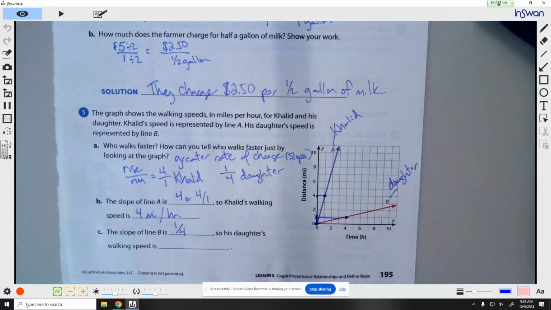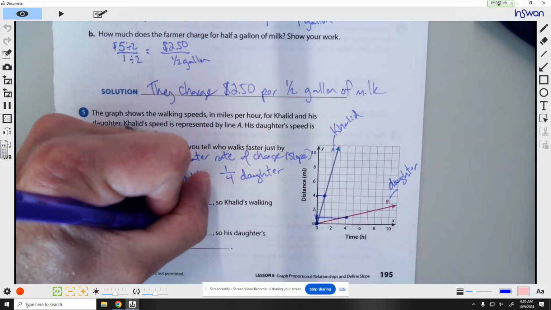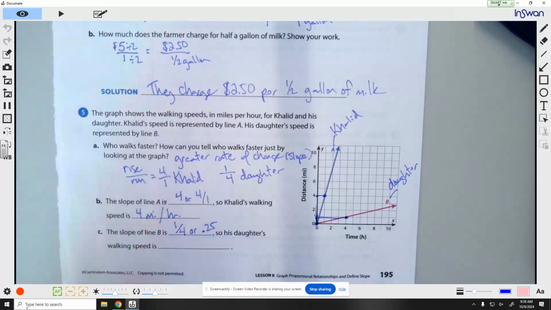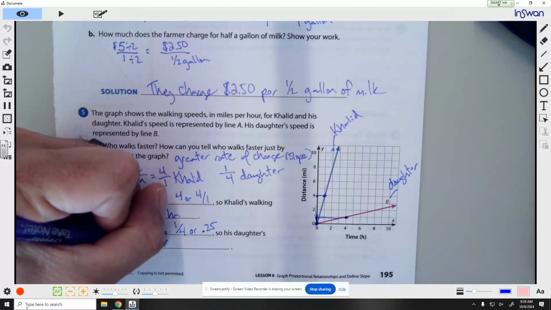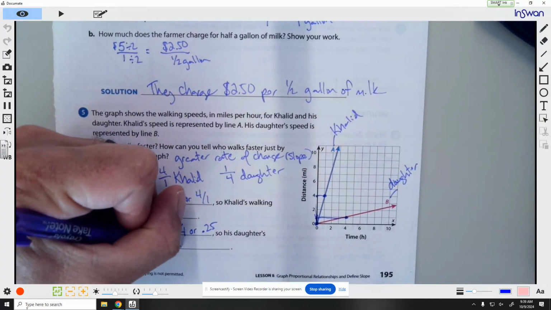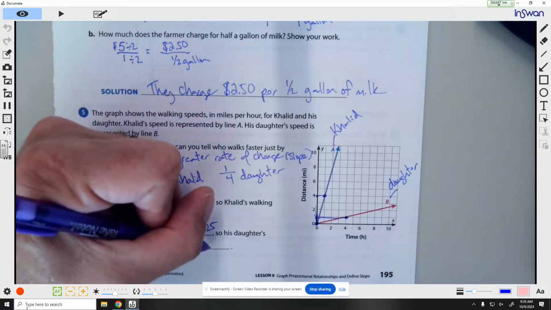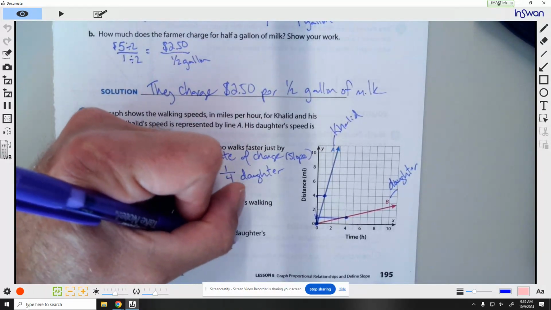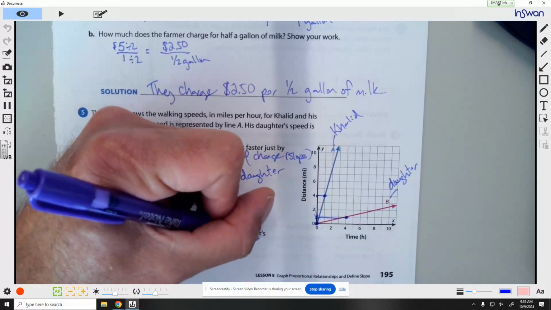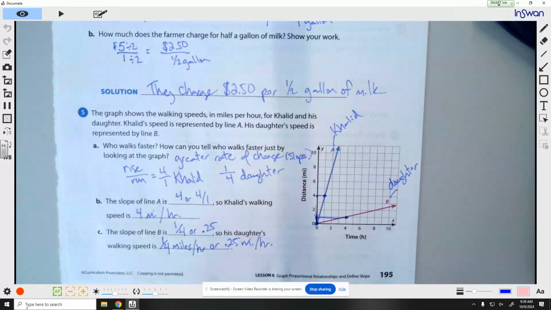So his daughter's walking speed is a little bit slower. We could represent 1 over 4 as a decimal, 0.25. So her walking speed is 1/4 mile per hour, or we could say it's 0.25 miles per hour. Okay, that is it for today.